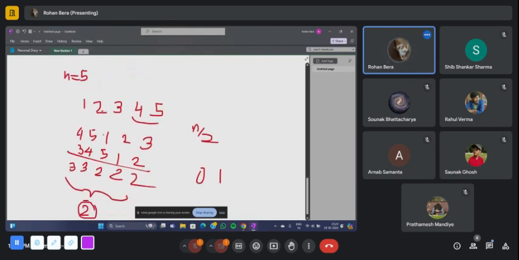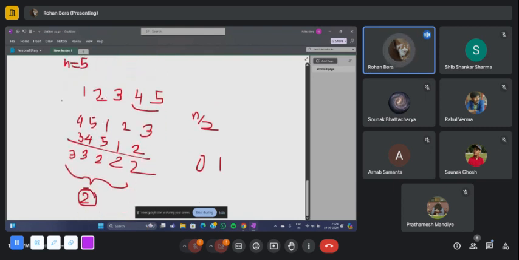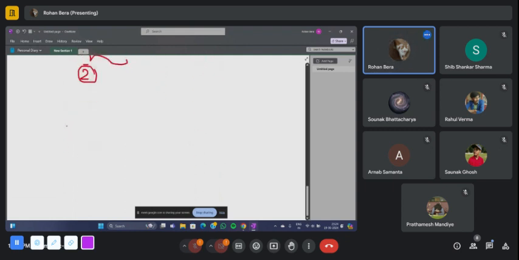So for doing this, what I'm doing is taking the first array as the first n natural numbers from 1 to n, and the second array will have the first elements be n by 2.